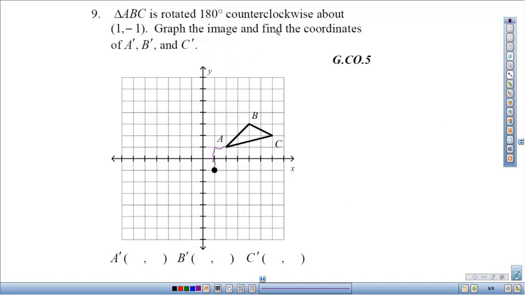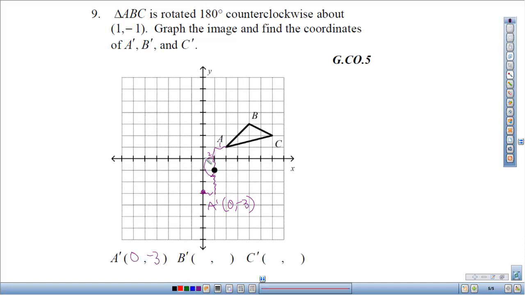Okay, and now to go counterclockwise, a clock spins this way, so I'm going to spin this way. In reality, a 180 degree rotation really doesn't matter which way you go, but we would go 180 degrees. So this thing is 2 by 1. It would still be 2, and that 1 would be sticking out over here, so that would be the spot of the point. That's going to be A prime, and where is it? It's at 0, -3. There's my first point.